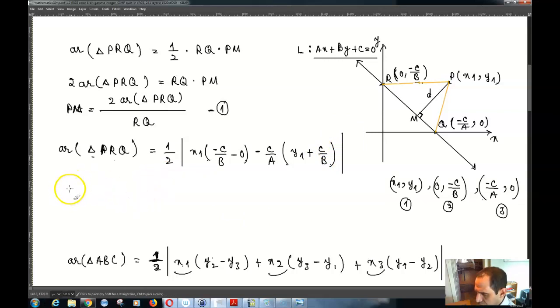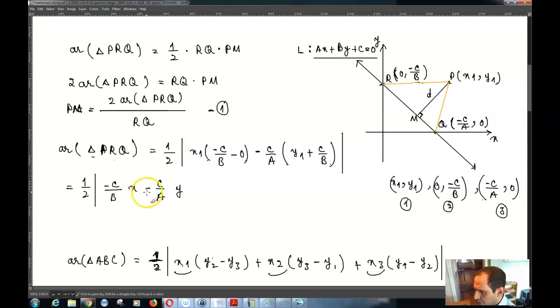And if you simplify this, you'll get 1/2 times the absolute value of basically x1 times negative c by b, or negative c by b times x, minus c by a times y1.